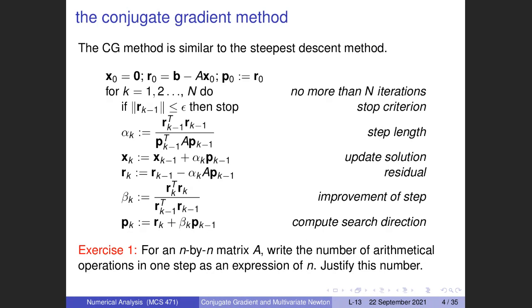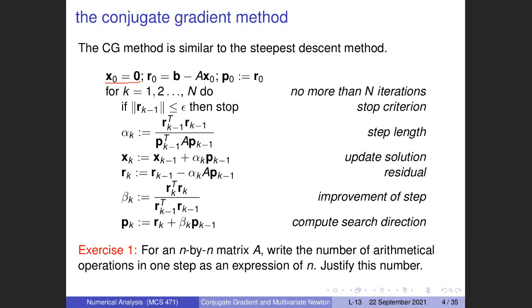So we will consider an iterative method that is very similar to the steepest descent. The steepest descent is a very simple method, but we will make it better, and that will lead to the conjugate gradient method.